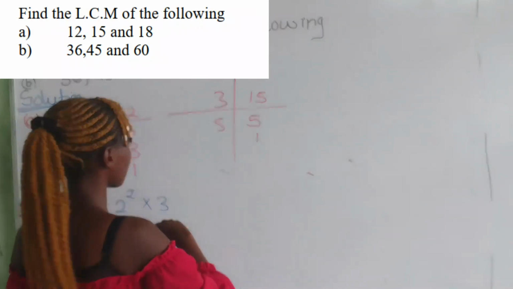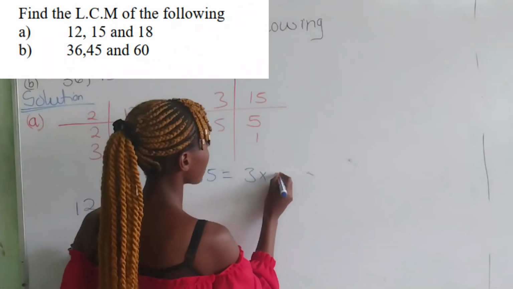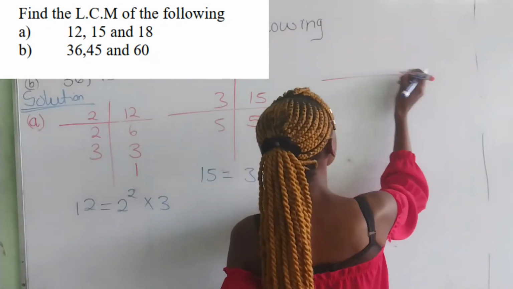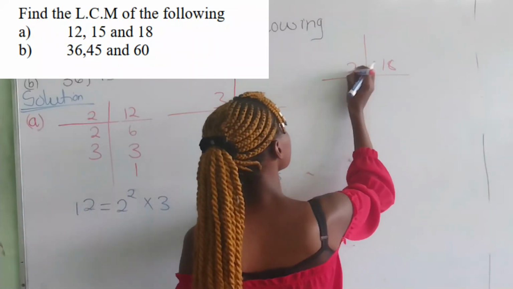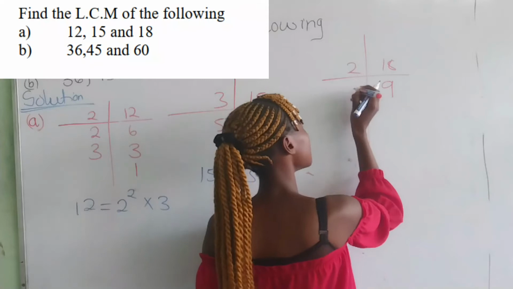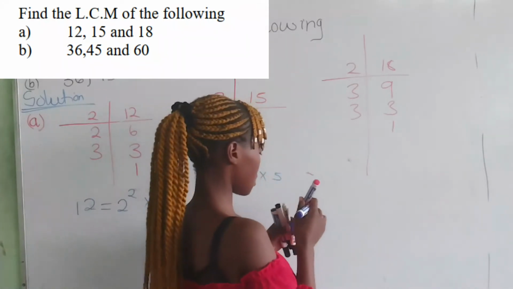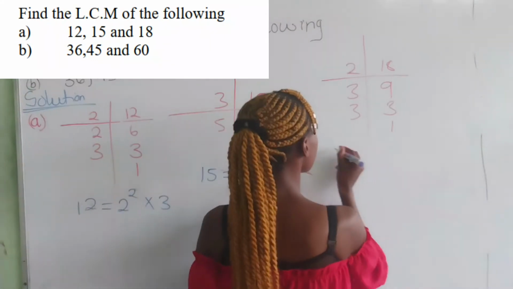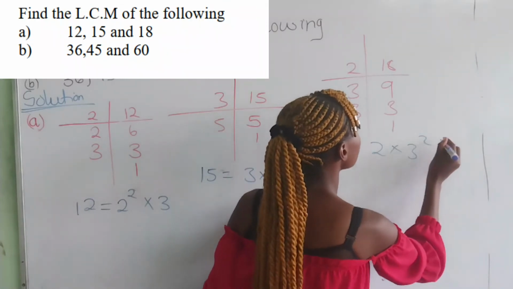So now you put 15 is equal to 3 times 5. And now for 18, you see 2 into 18 is 9, 3 into 9 is 3, 3 into 3 is 1. Now write it down: 18 is equal to 2 times 3 squared.